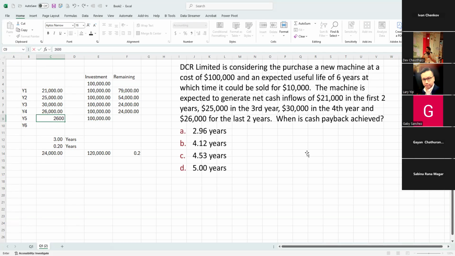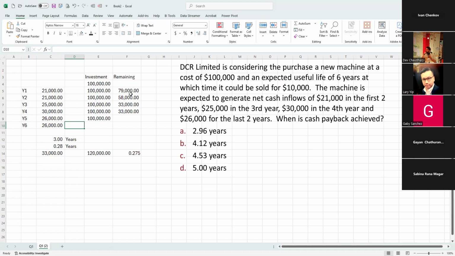Actually, no. The first two years are 21,000 and 21,000 here. The third year is 25,000. Then we have 30,000 in year 4, and then 26,000 here and 26,000 here.